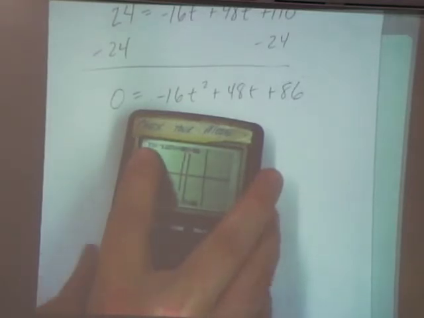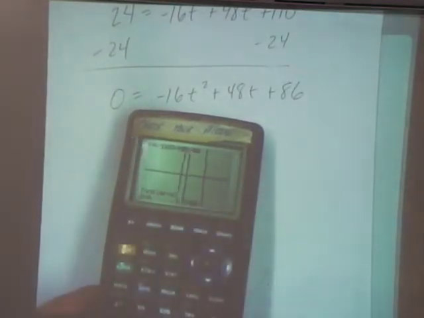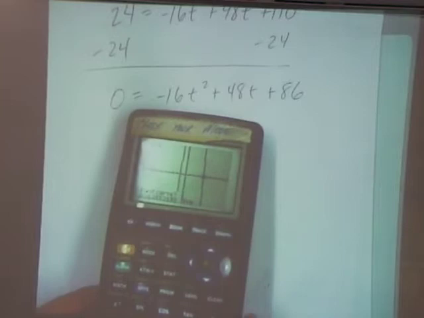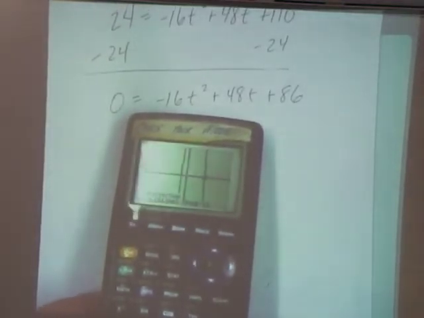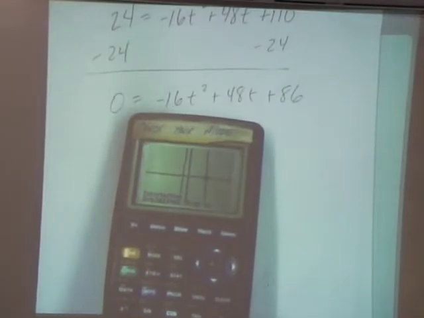Look in the top left-hand corner. I'm on the y1 graph, which is that parabola that we can't really see. If I hit the up or down button, that'll switch me to the y2 graph, and I can see my little cursor now. I'll arrow over along the y2 graph, get it close, and hit enter 3 times. 4.26. And that's B.